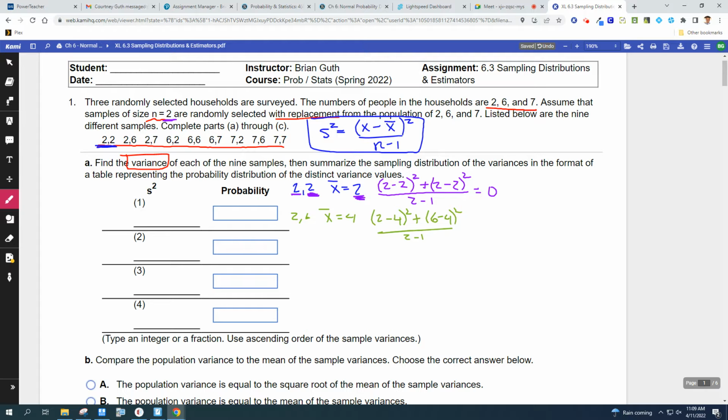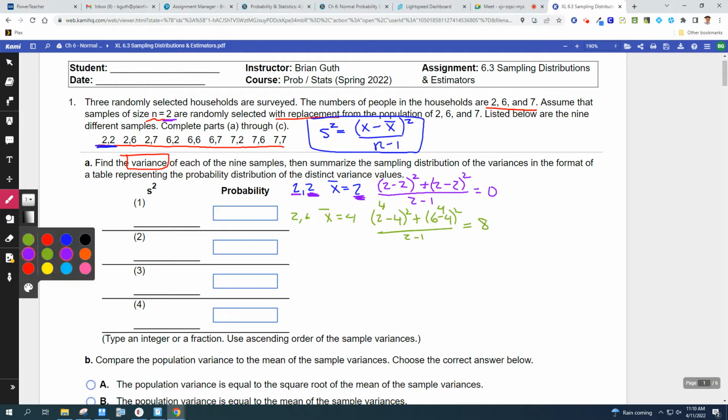You're going to have a negative 2 squared, which is 4. You're going to have a positive 2 squared, which is 4. 4 plus 4 is 8. 8 over 1 gives me 8. That's my next number. Okay? We have to do that again and again and again. We have to do that up to 9 times. We have to do that for each of those data points.